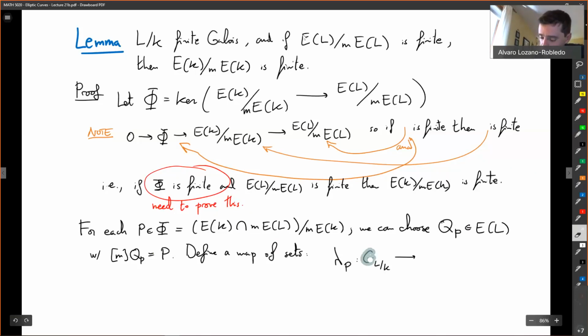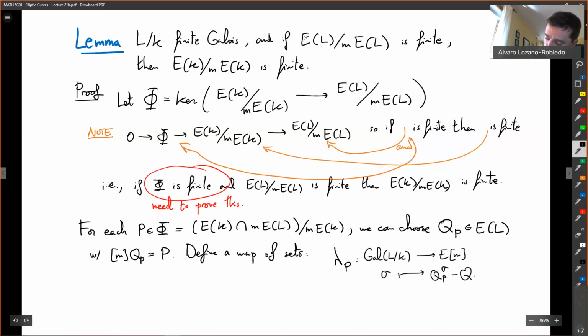Maybe I should write it down. The extension was assumed to be Galois, so it's the Galois group of L over K to E[M] that sends sigma to Q_P sigma minus Q_P.